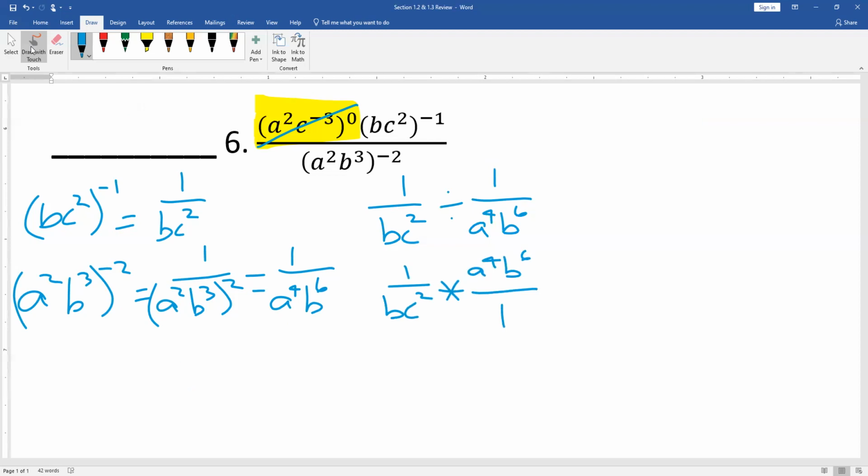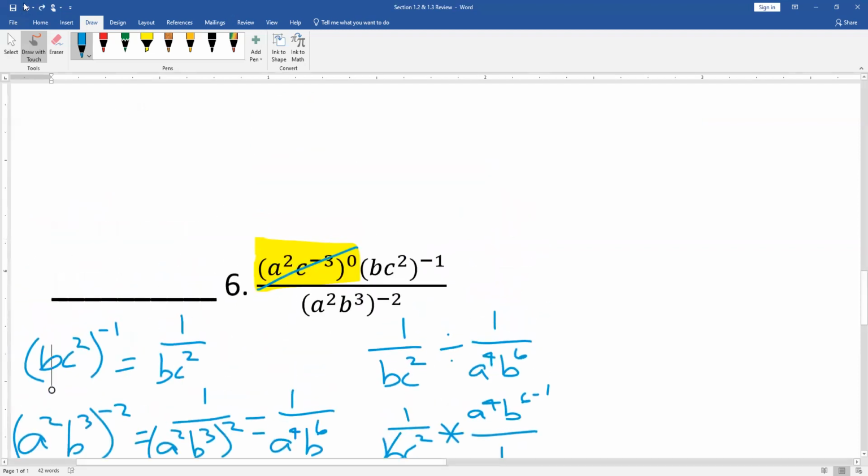So also when you're multiplying fractions, you know that you can reduce or cancel between the numerator and the denominator. So you have 1b in the denominator of the first fraction, and then you have b to the power 6 in the second one. So that's pretty much b to the 6 minus 1. So it cancels this out, and this becomes, oh, that's so messy.